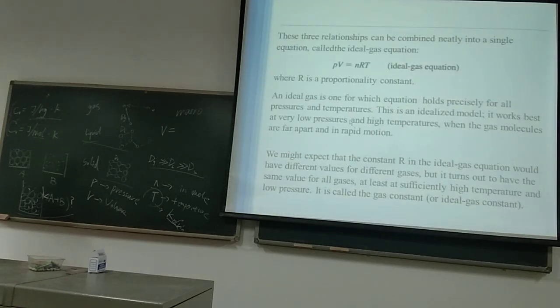Those three relations can be combined neatly into a single equation called the ideal gas equation: PV equals nRT, where R is a proportionality constant. This is the most important equation in this chapter.